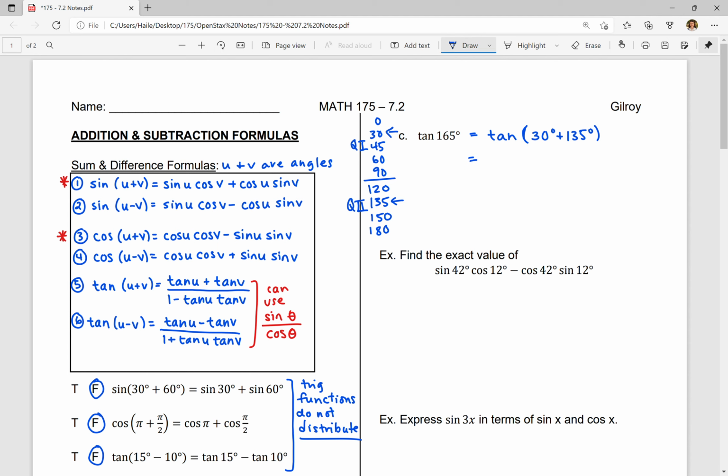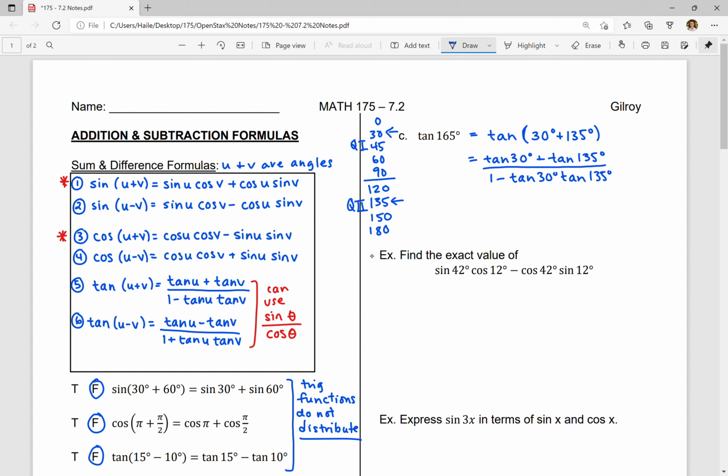Okay, so if we expand this out using the tangent formula, we would get tangent of 30 plus tangent of 135 divided by 1 minus tangent of 30 times tangent of 135.